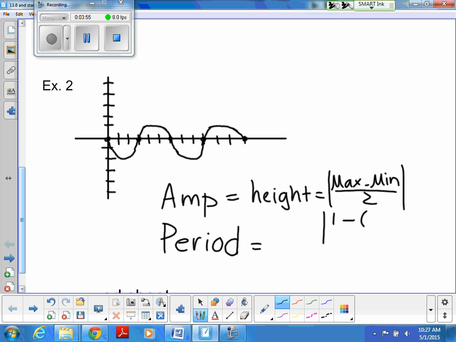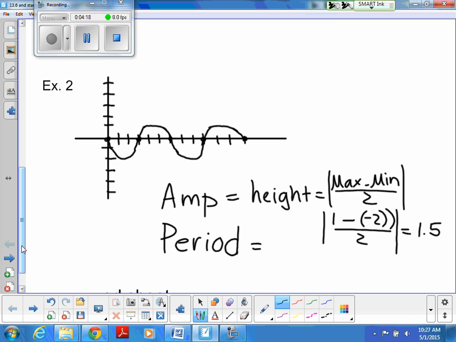Minus, what's the minimum level you go? Negative 2. 1 minus a negative 2 is 3, right? 1 plus 2 is 3. 3 divided by 2 is 3/2, or 1.5 if you want to write it in decimal form.